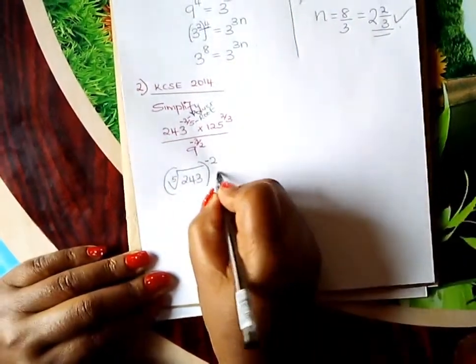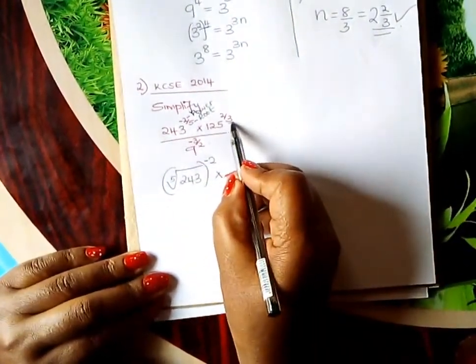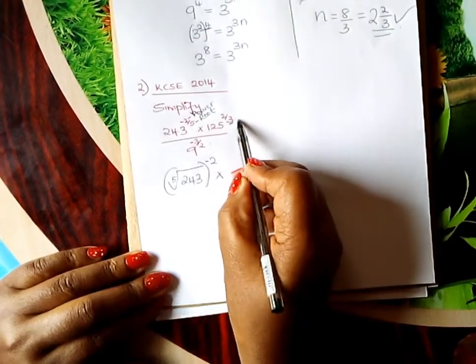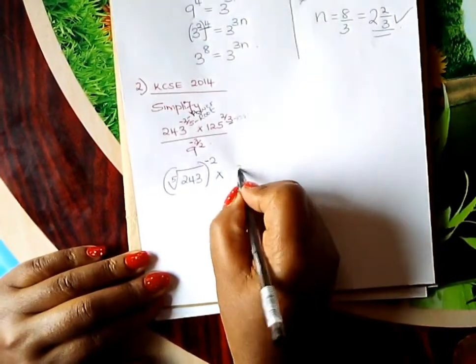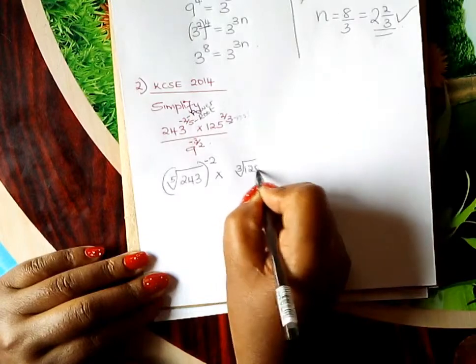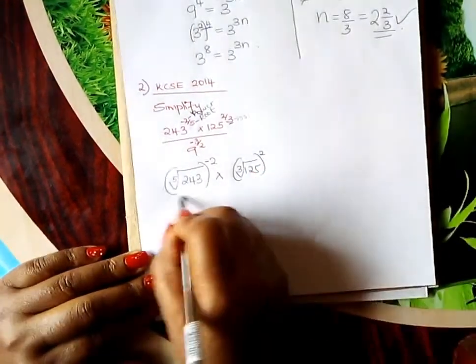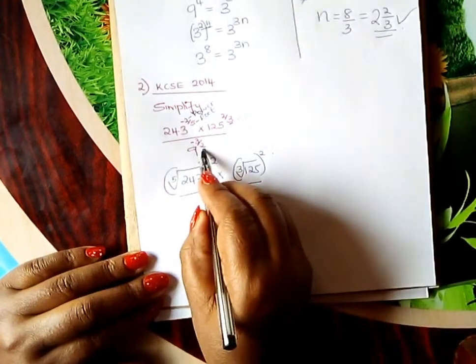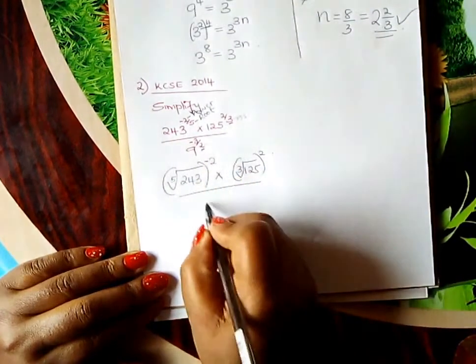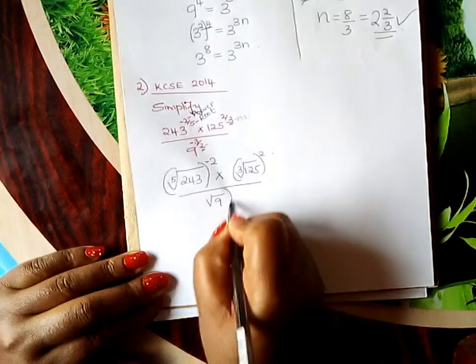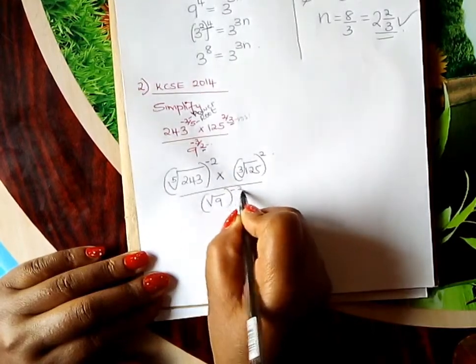Then, if it is 3 here, this is cube root. Remember, this is the root. Cube root of 125 raised to power 2, divided by, if it is 2, square root of 9 raised to negative 3.